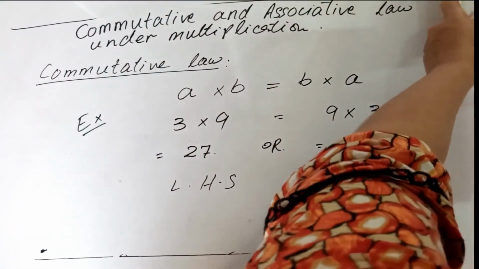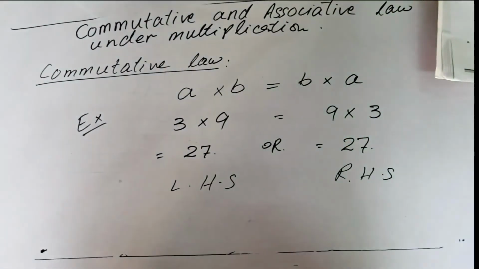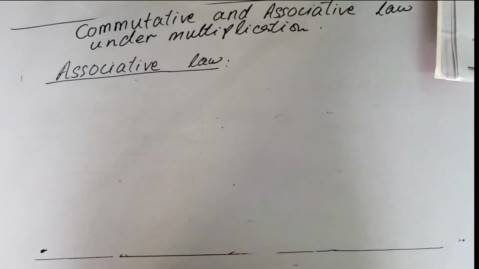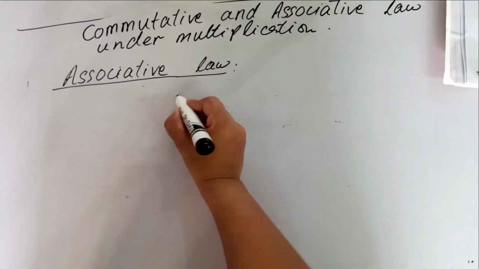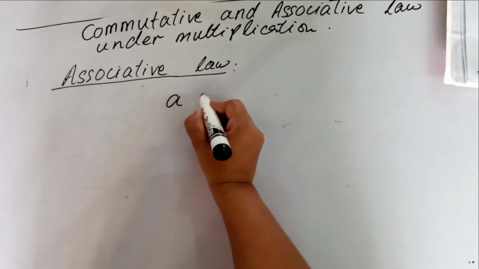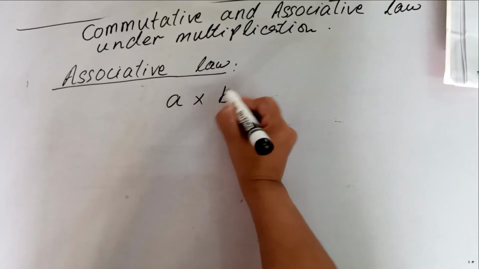Now we will discuss about the associative law. Okay class, we are starting the associative law. Associative law is about 3 values.